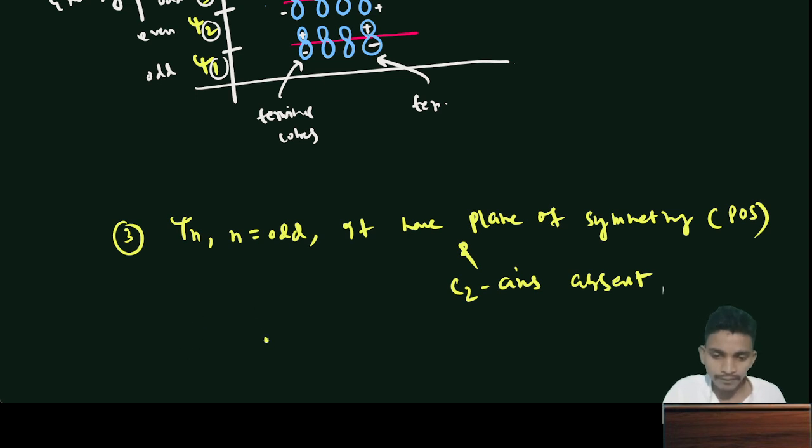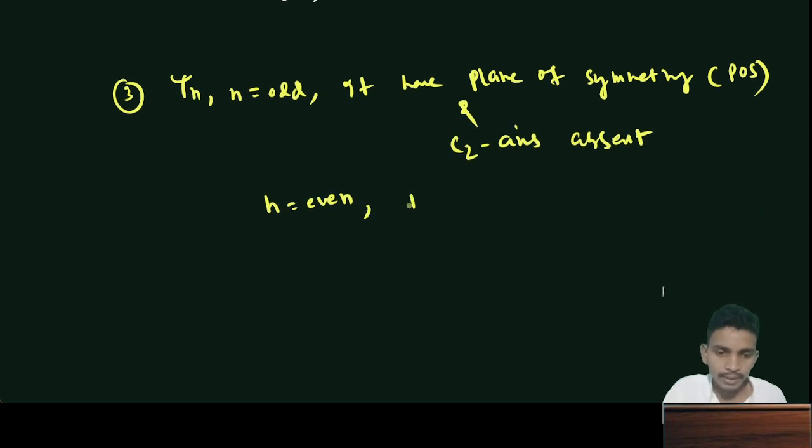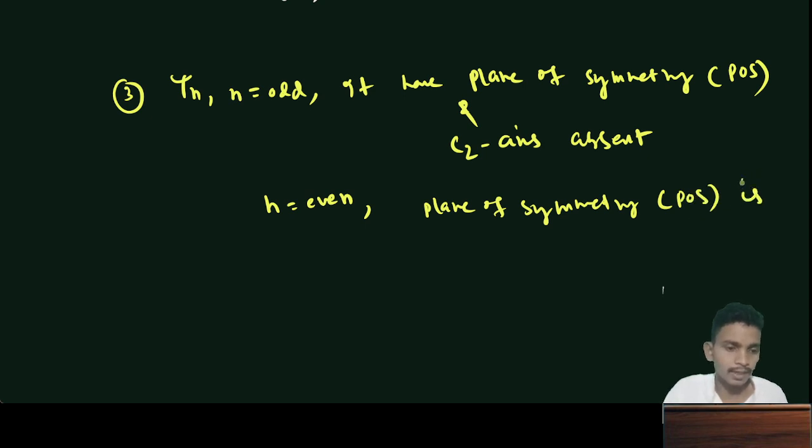Okay. Now if n is even, then it does not have a plane of symmetry, that is, the plane of symmetry is absent. And the C2 axis is present.